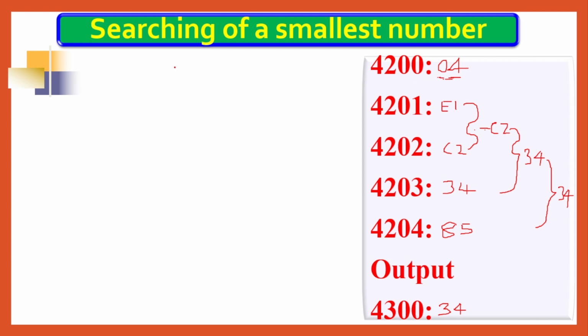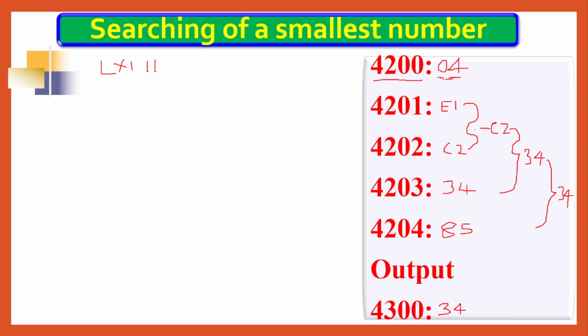So we have to initialize the starting address in the HL pair. 4200 is the starting address that is to be loaded into the HL pair. To load any register pair, we have an instruction called LXI.